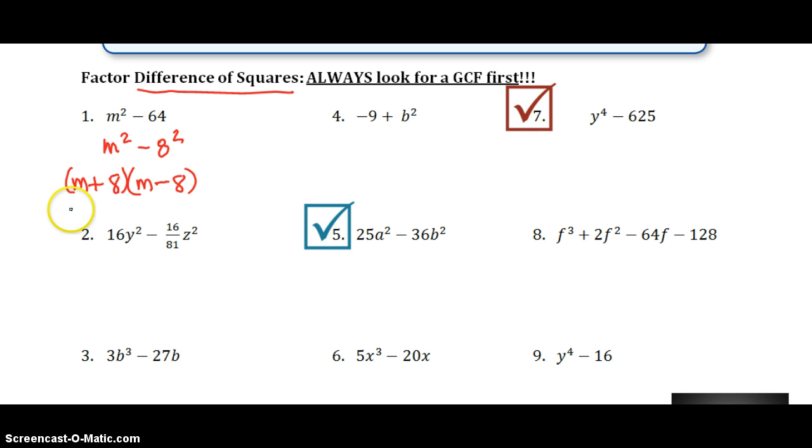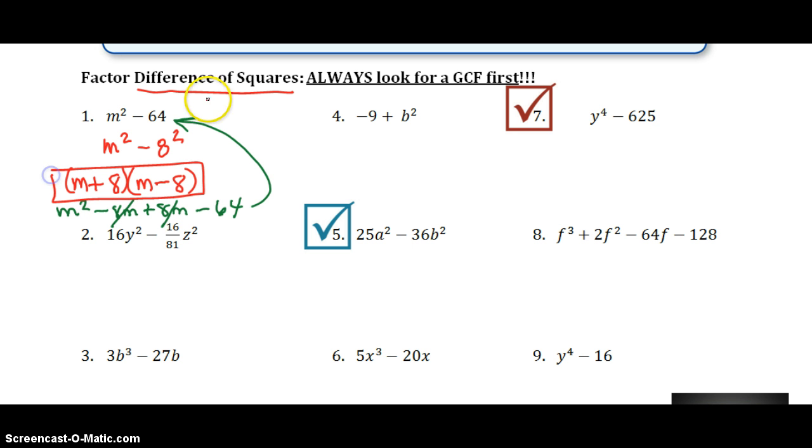So when you FOIL it out and check it, you get m squared minus 8m plus 8m minus 64, and they cancel out, and that gives us back what we started with. But our answer is m plus 8 times m minus 8. This is called a difference of squares.